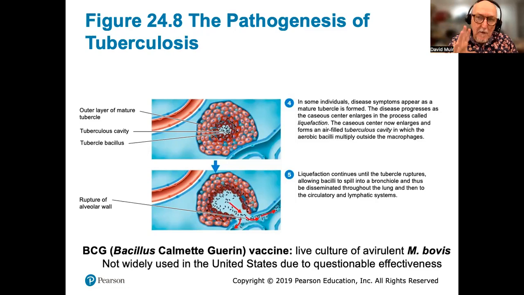It has some efficacy, especially in children, but the efficacy fades, and it has very little impact in adults. They do not develop a strong immunity at all. For those of us who grew up in developing countries, we all had the BCG vaccine. None of you probably would have had the BCG vaccine unless you've come from a country where it is still used. In the United States, it is not usually administered.